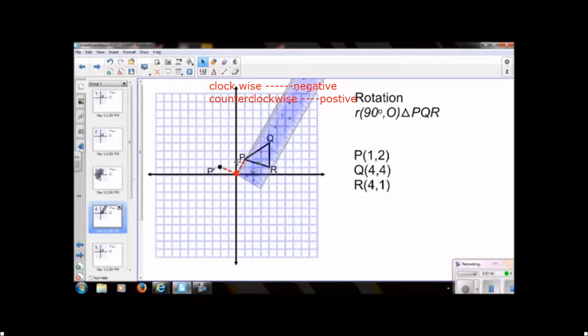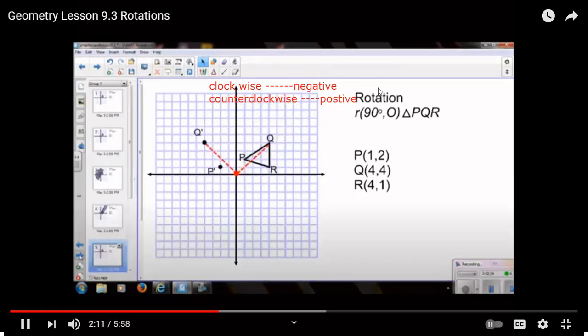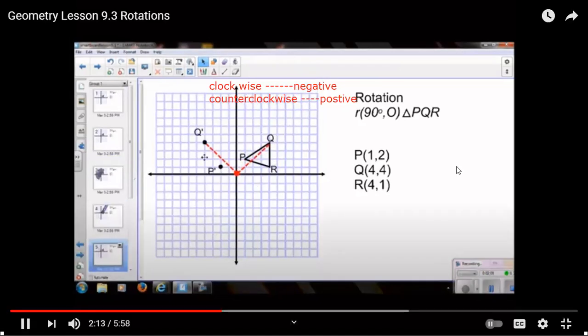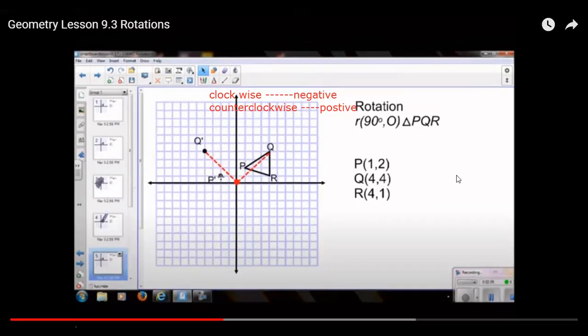Then I would measure this here too, but we're just going to eyeball that one and say, yes, these are the same distance. And that would give me P prime.